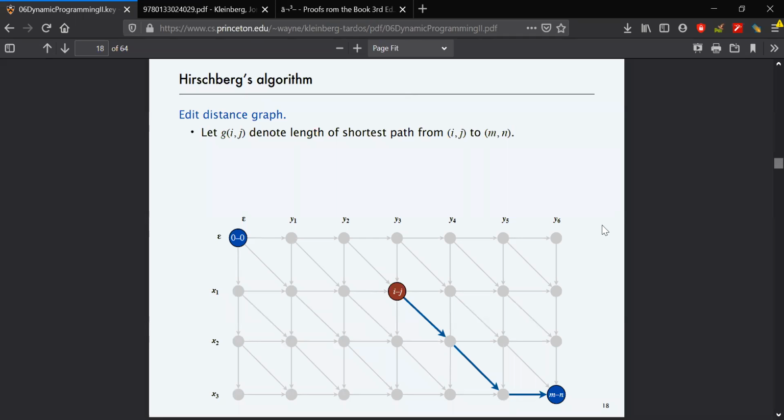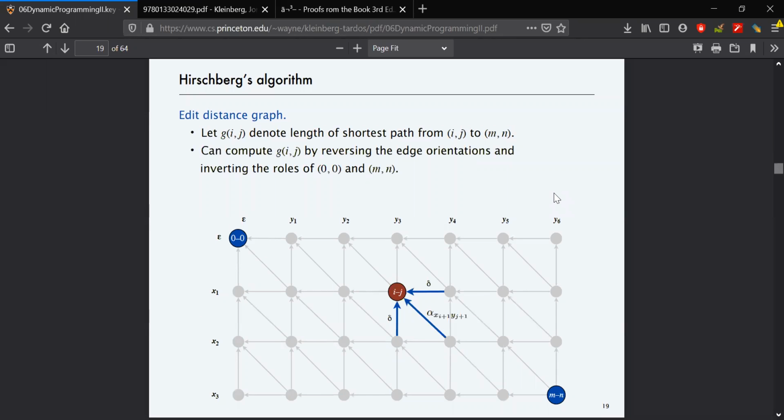Recall you defined two functions, f and g. What is it? fij plus gij. Exactly, fij plus gij.